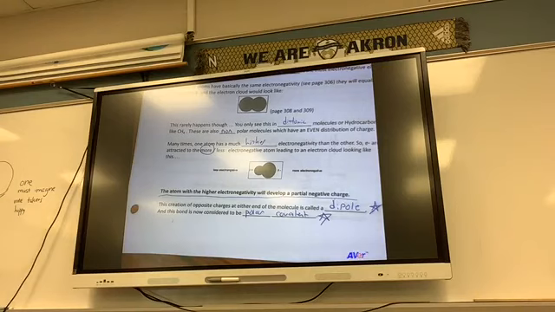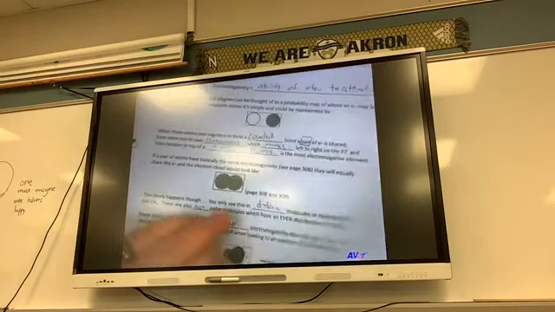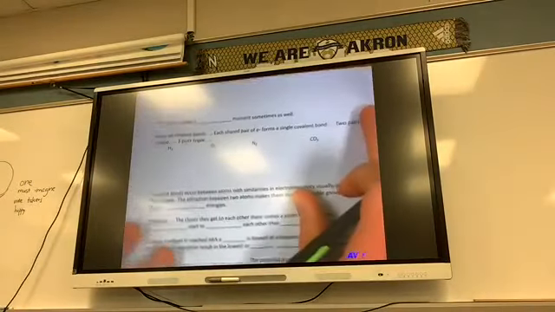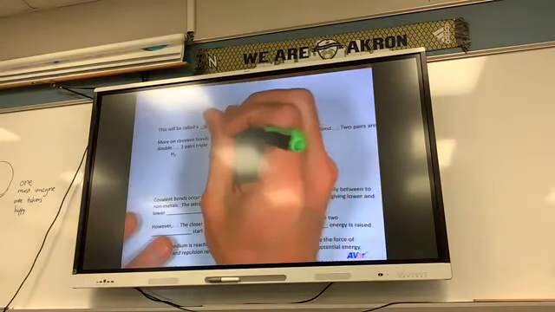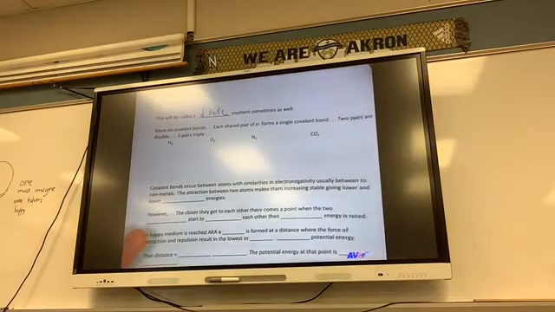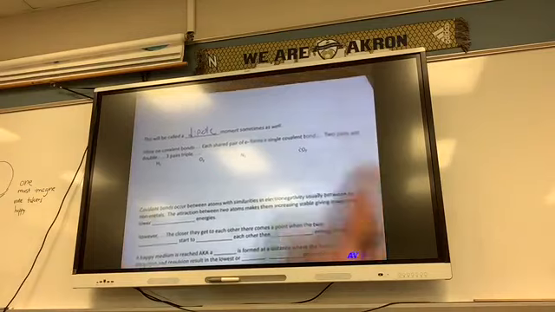Hardly anything is truly ionic. Hardly anything is truly covalent. Most of them fall in the middle. They're polar covalent. Flip the page. You may also hear this called a dipole moment. So maybe it just forms a partial charge for a second. That's still a dipole moment.